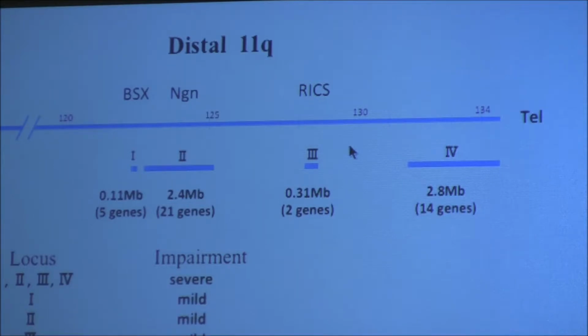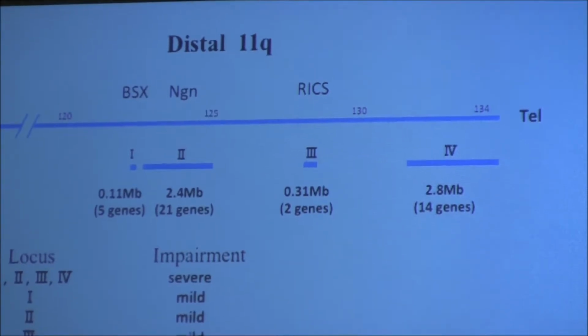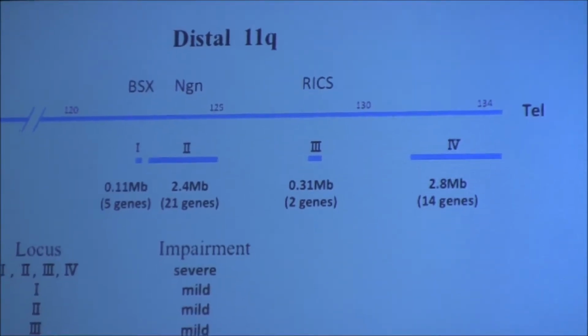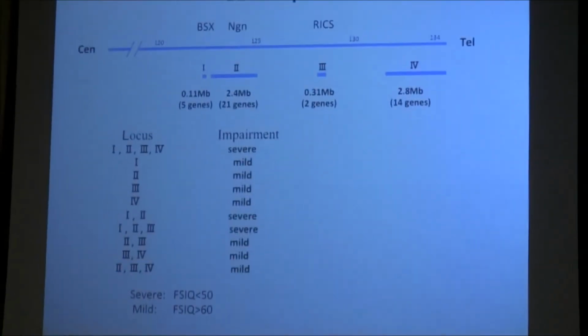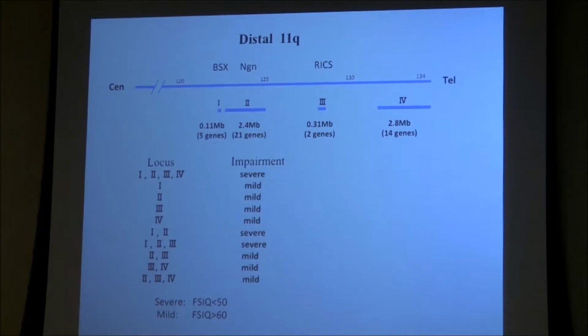So it's fairly intuitive. The bigger it is, the more significantly impaired you are; the smaller it is, the higher functioning you are. If you have just one individual locus deleted, you're relatively mildly affected. And it's really the combination that helps you to predict, we think in most cases, the degree of cognitive impairment. And really what I'm referring to here is full-scale IQ.